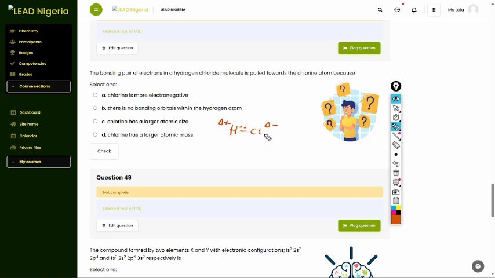So chlorine has a high electronegativity, and that is why it is able to pull this electron closer to itself compared to hydrogen. The reason why the pull towards chlorine is higher in this molecule is because chlorine is more electronegative than hydrogen. The correct answer is A. So we go with A.